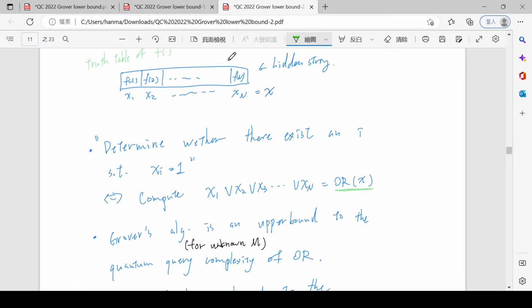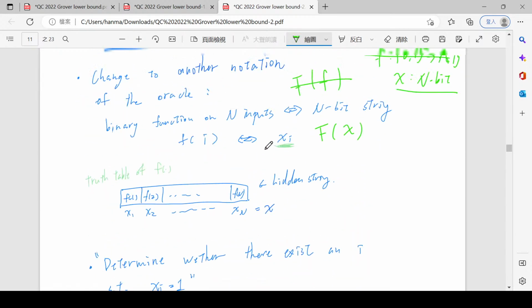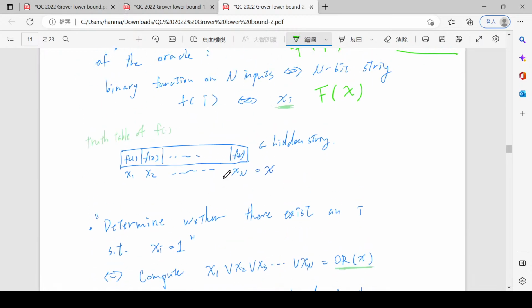Now we think about the decision version of search on x. In terms of small f, we are asking whether there is any marked item; in terms of x, it's just whether there is any xi equal to 1. Once again, this is just changing our notation or viewpoint.